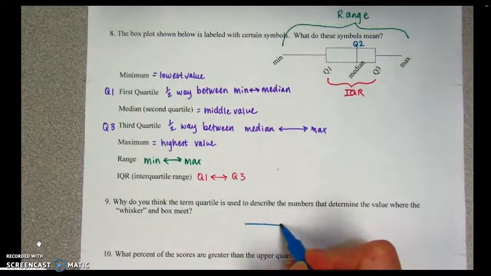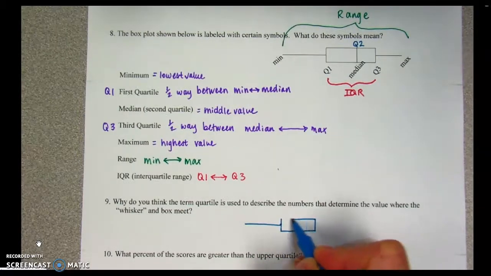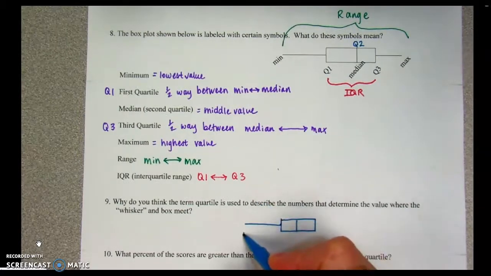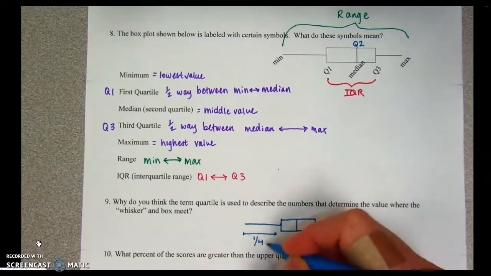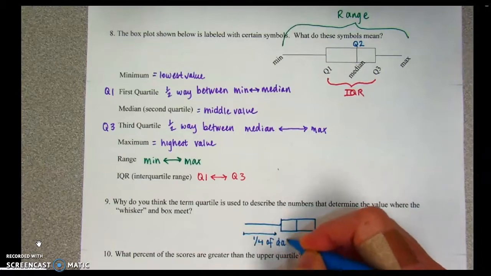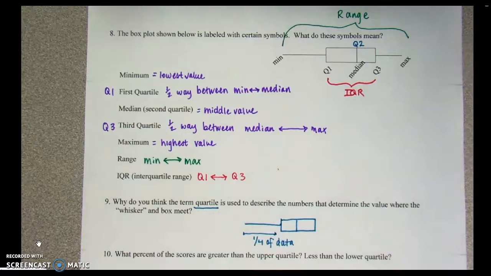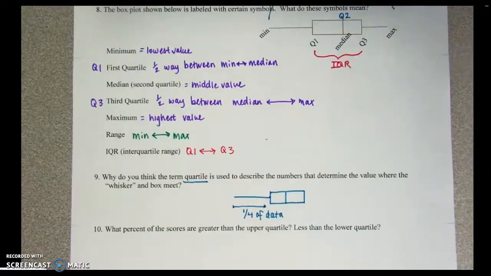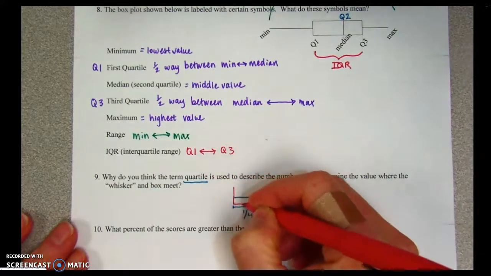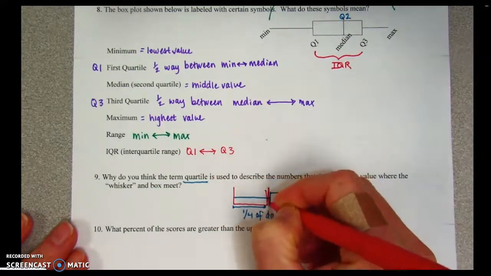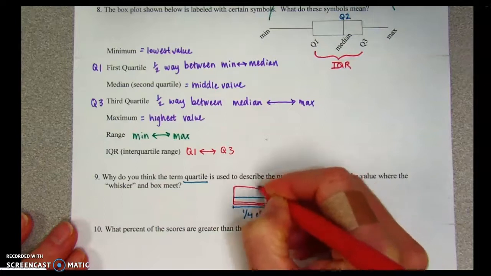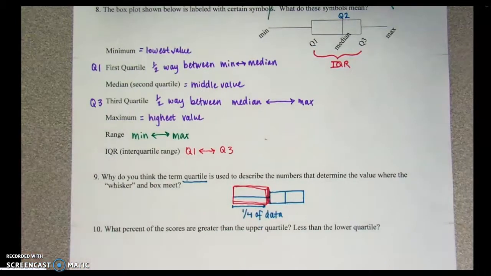So from this part to this part, this is 1/4 of the data, which is where the term quartile comes from. So 1/4 of the data lives here on this portion of the box plot.